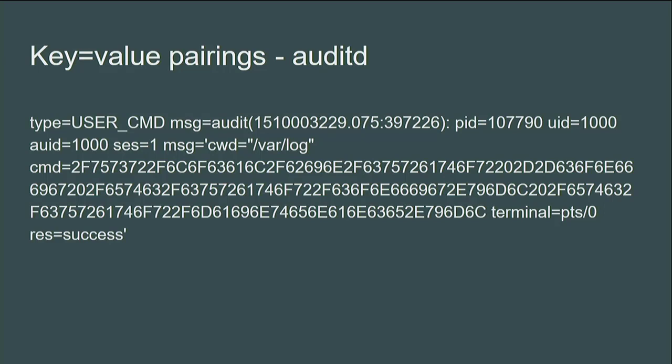And when you do, it says, oh, you're passing arguments to this command, there's a space in there, I'm going to convert that to hex. We're not going to give you the raw command. That's what that big, long, nasty string is there under CMD. We'll come back to that in a second.